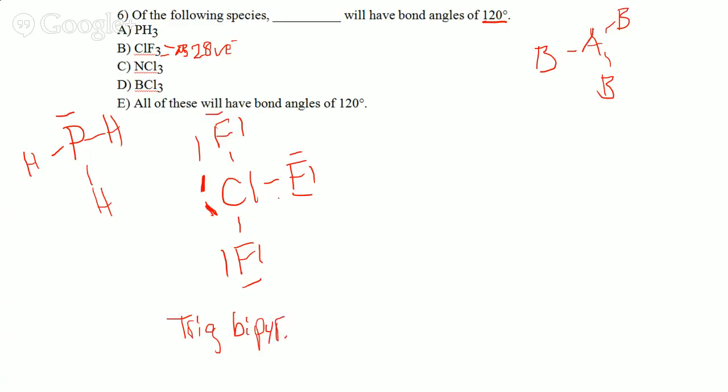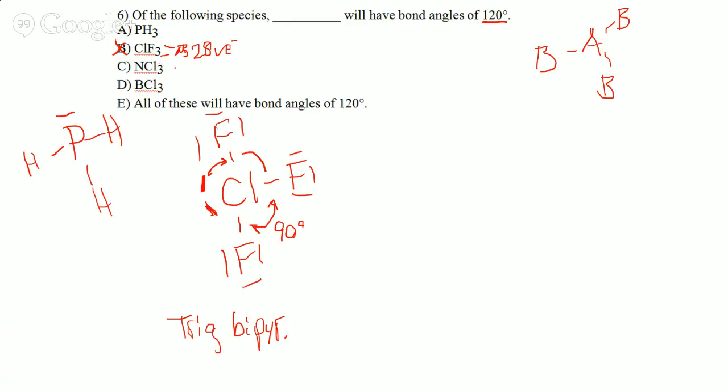So this will have 120 degrees between the domains, like if we were to look on the equatorial plane between the lone pairs of electrons and the fluorines that are also on there. But that's not the bond angle. We're talking about this. That's going to give us a bond angle of 90 degrees between the atoms. All right, so it's definitely not B.